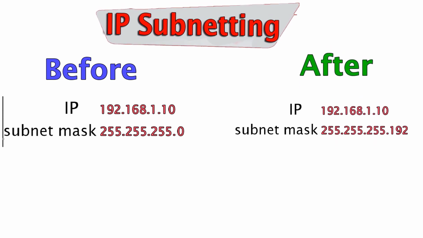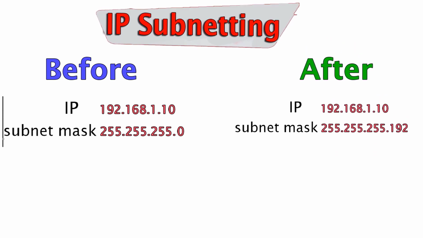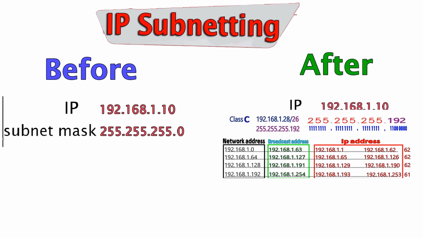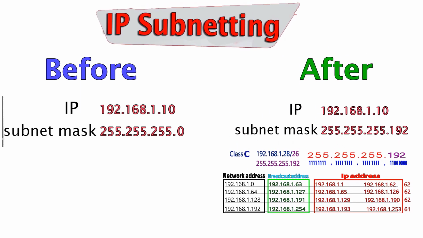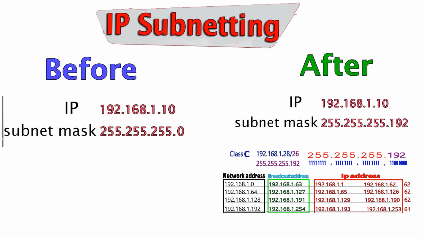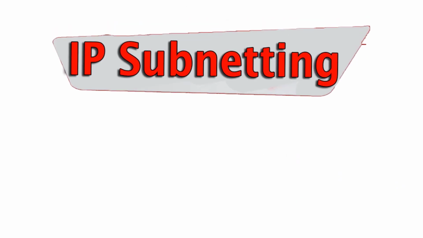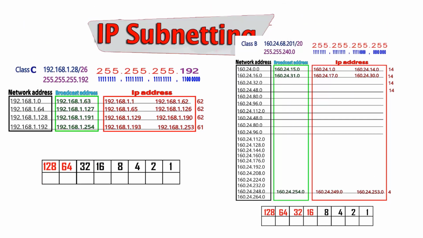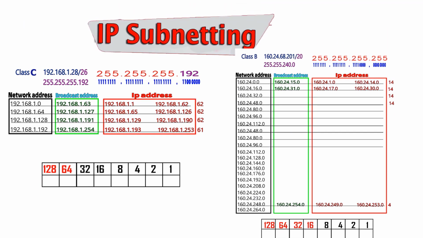This means that we use some IPs, not all. That's why we call it IP subnetting. So the device is in this state when it sends to another device: it sends only to these 4 networks. I will leave you a link below the video that explains IP subnetting, how we divide the network according to the number of hosts, and how we choose a suitable class.